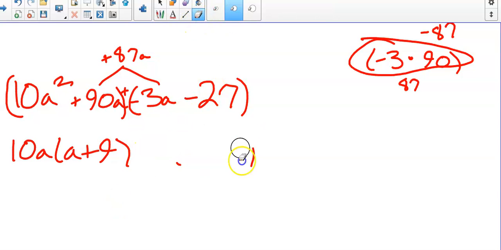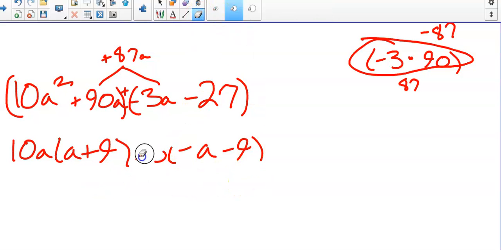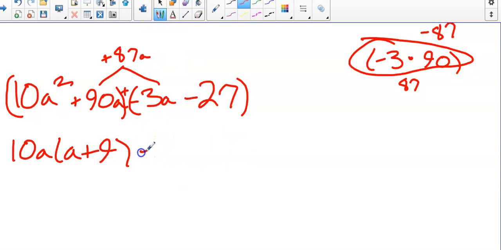If I had just factored out a 3, then I would get negative a minus 9. And then we wouldn't have the same thing in the parentheses. So instead, I'm going to factor out a negative 3. That way, I'll get the exact same thing in both sets of parentheses.